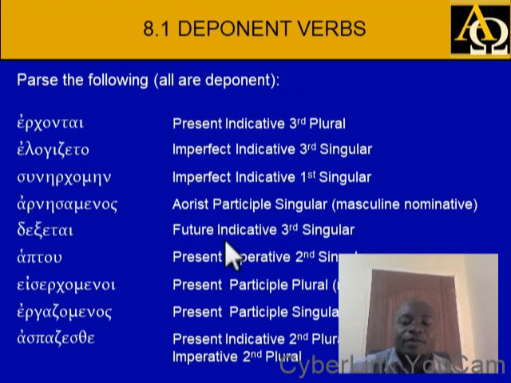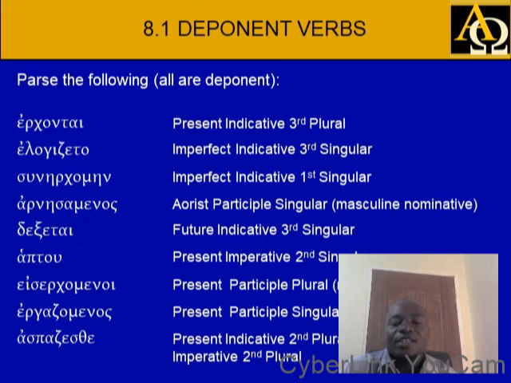So in terms of parsing the following, for example, erkontai, it's present indicative third plural. Elogizonto, imperfect indicative third singular. Sunerkomen, imperfect indicative first singular. Arnesamenos, aorist participle singular.